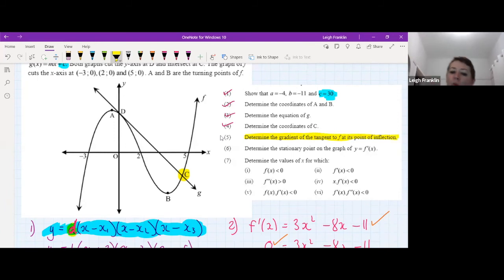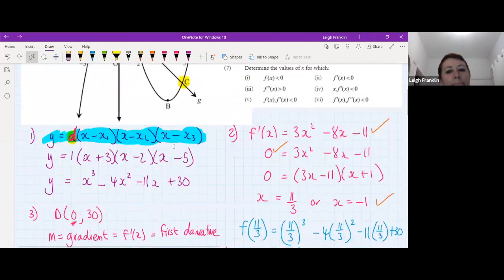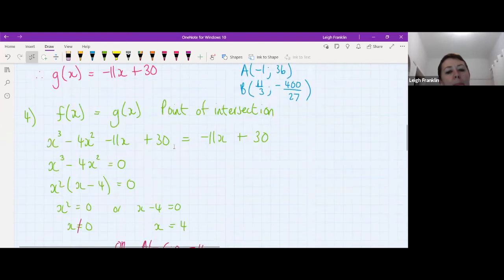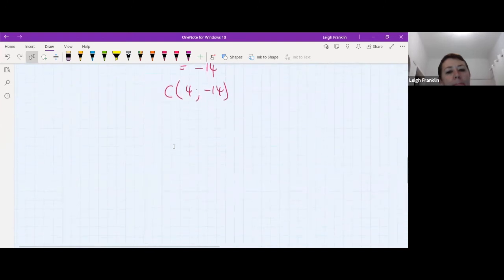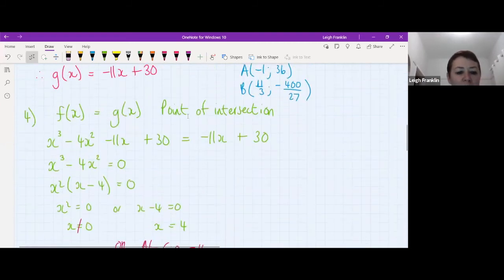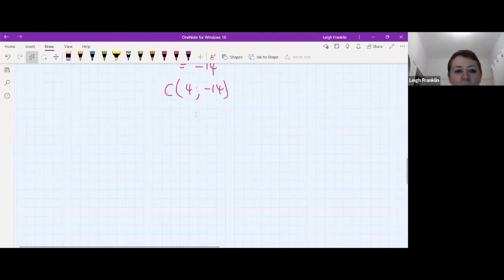Does anybody know what that represents? The gradient of the tangent at the point of inflection. Any ideas of what that represents?